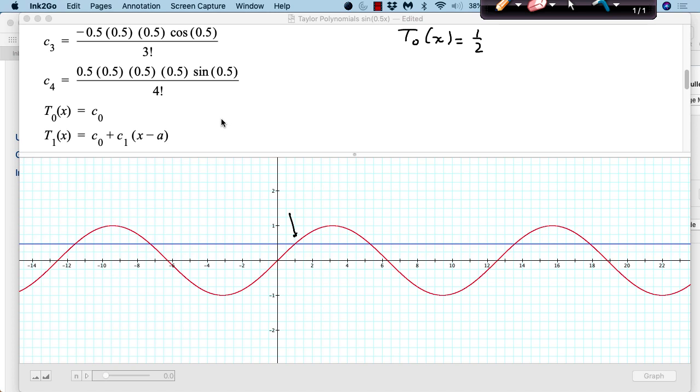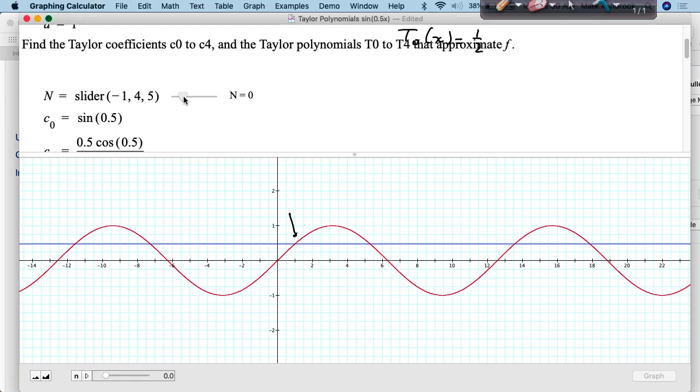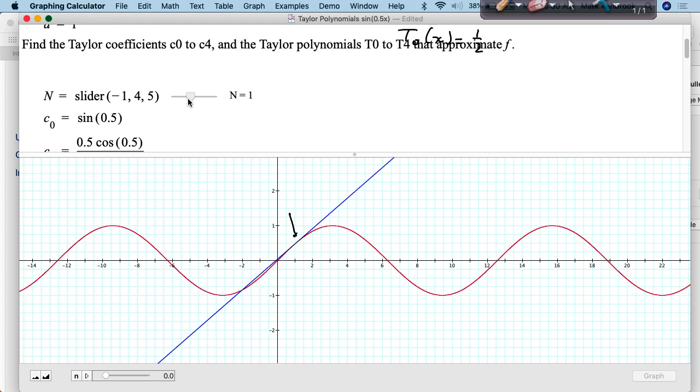We're creating polynomials that are trying to reproduce the red graph, and we did that by taking derivatives. We got the function value right with the first coefficient, and the second coefficient got the rate of change right. So what do you expect this to look like? Good, someone got it. Tangent line, right? So now this is the T1 polynomial. It gets the function value and the first derivative right. So now around 1, it's starting to approximate the function.